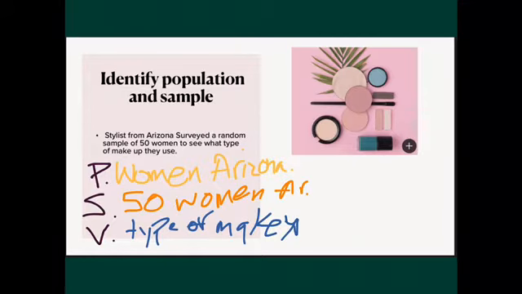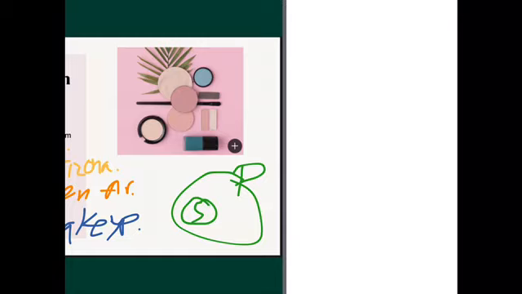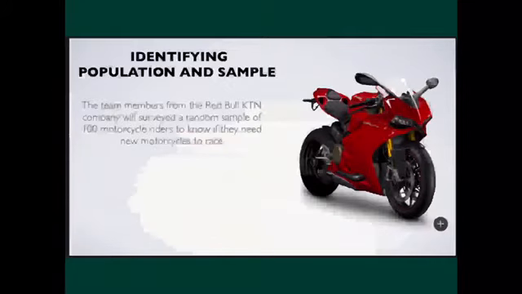Remember this circle, always remember this. What is my population? It will be the big one. And what is my sample? Now let's try to work this out with another exercise, population and sample. Here it says the team members from the Red Bull KTM company will survey a random sample of 100 motorcycle riders to know if they need new motorcycles to race.